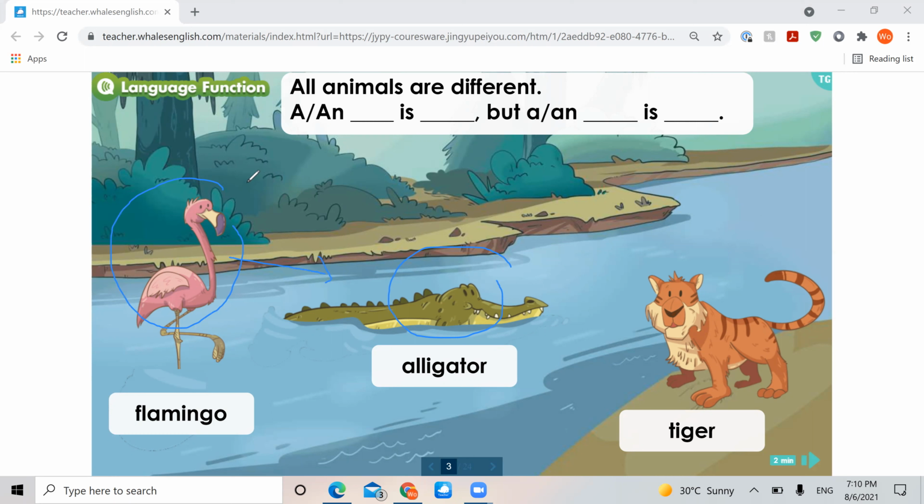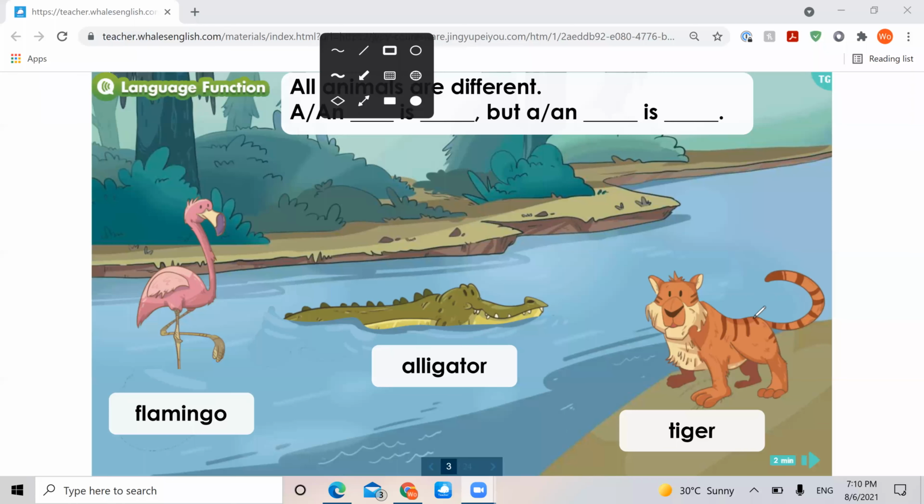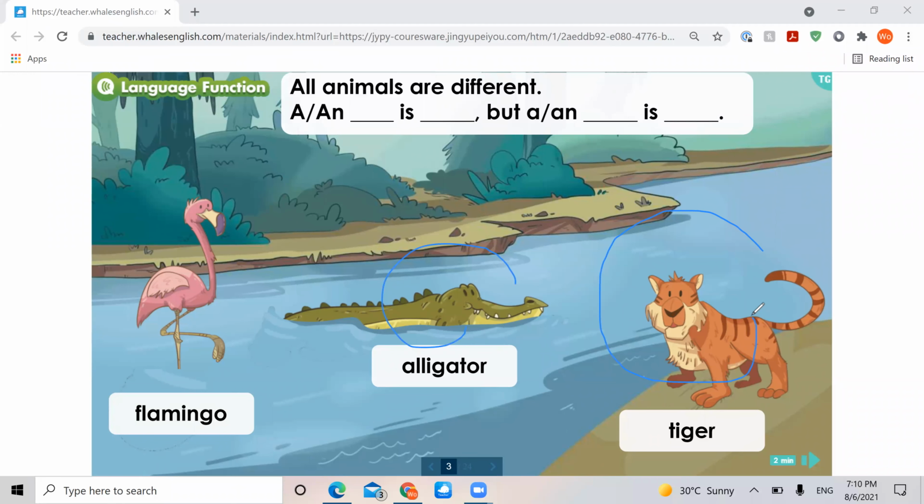That's right. A flamingo is a bird, but an alligator is a reptile. Let's contrast between the alligator and the tiger. That's correct. An alligator lives in the water, but a tiger lives on the land. Great job.